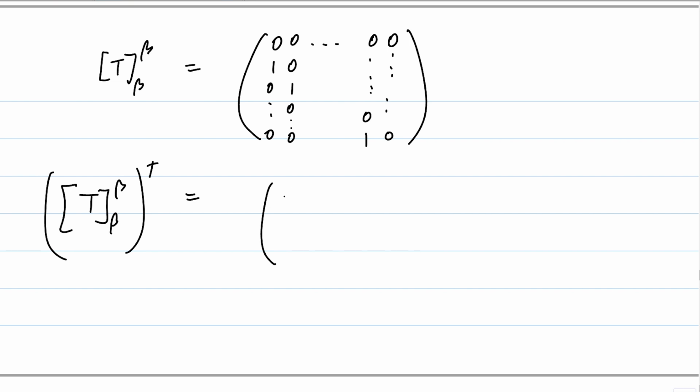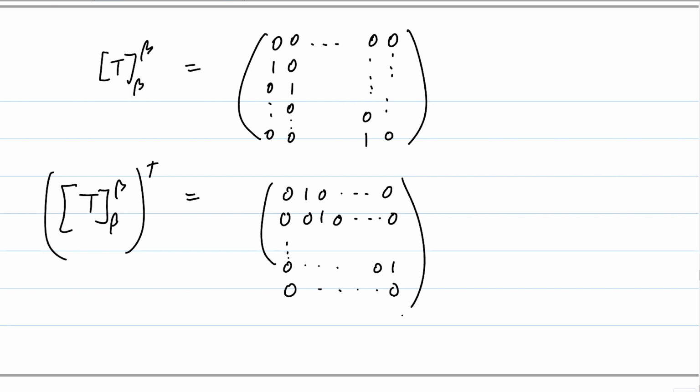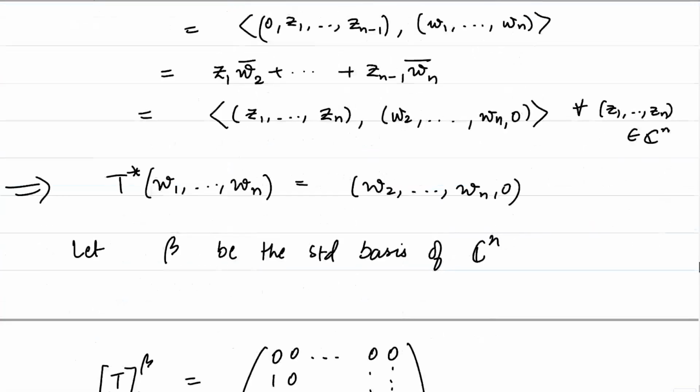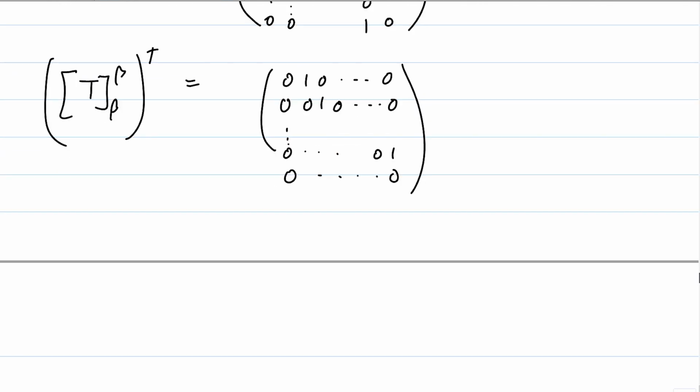It's just going to be the transpose, with 1s on the superdiagonal. If you multiply (W1, W2, up to Wn) with this, you are precisely going to end up with this particular vector. Both of these should give the same vector, and we have just cross-checked that it does.